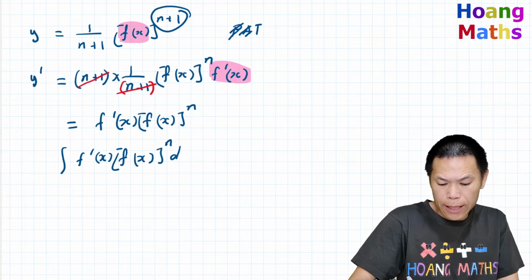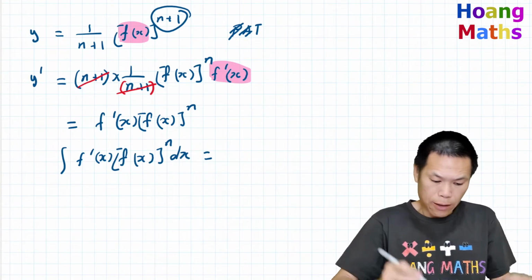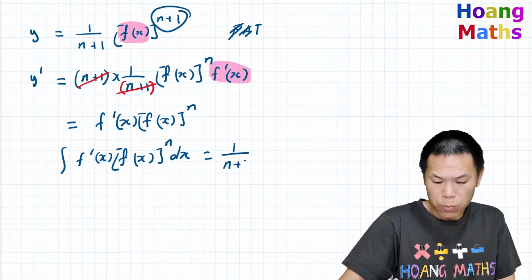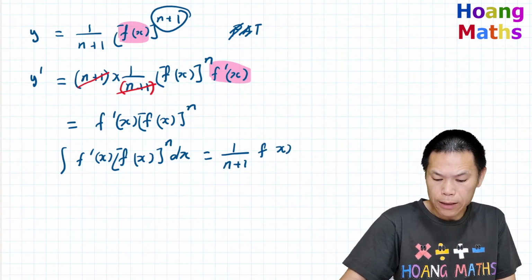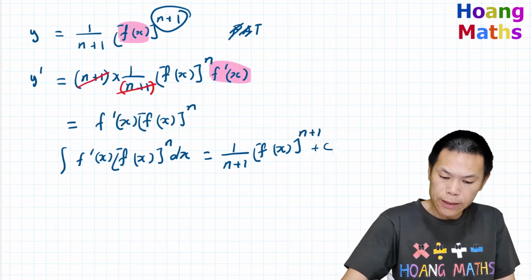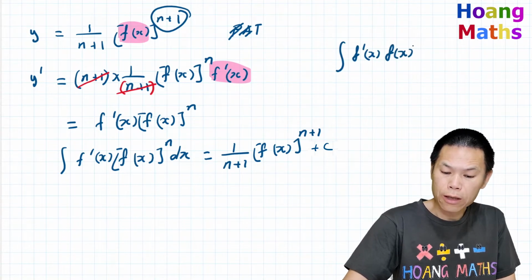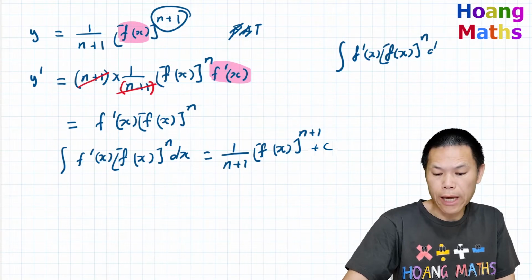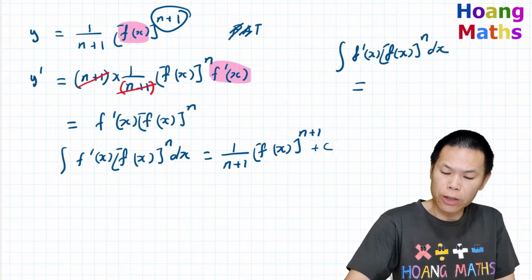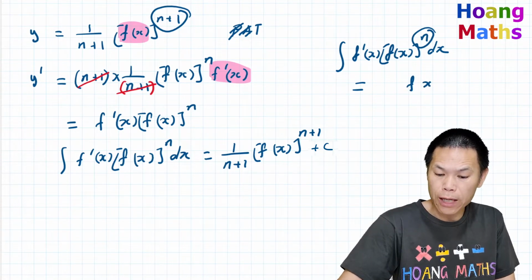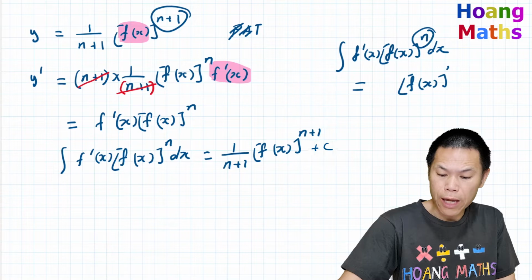So therefore, if we integrate f dash x, f of x to the power n dx, that will give us this function here: 1 over n plus 1, f of x to the power of n plus 1. Or you could write it like this. If I integrate f dash x times f of x to the power n dx, I just add 1 to the power, so that is f of x to the power of n plus 1.